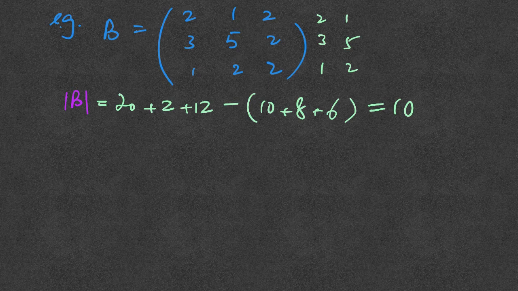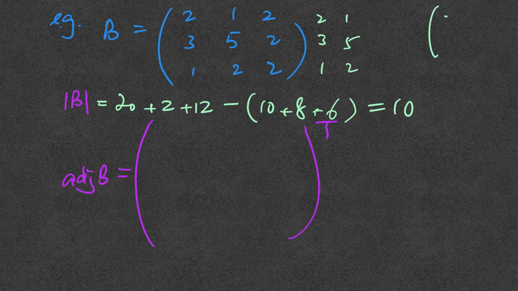Now, if necessary, you pause the video and then do the work yourselves. Don't just copy my work. Well, the next job would be very, very big, you remember, which is called the adjoint of B. So make sure that you give yourself enough space to write the very, very big matrix, as well as you may need to draw the table for your reference, or you just directly write down in this way.